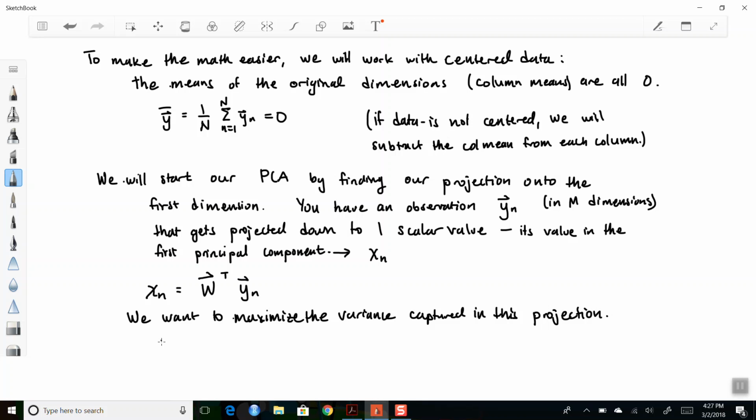Okay, and so the variance sigma squared is going to be 1 over N times the sum of x of n minus x bar squared, okay, from n equals 1 to big N.